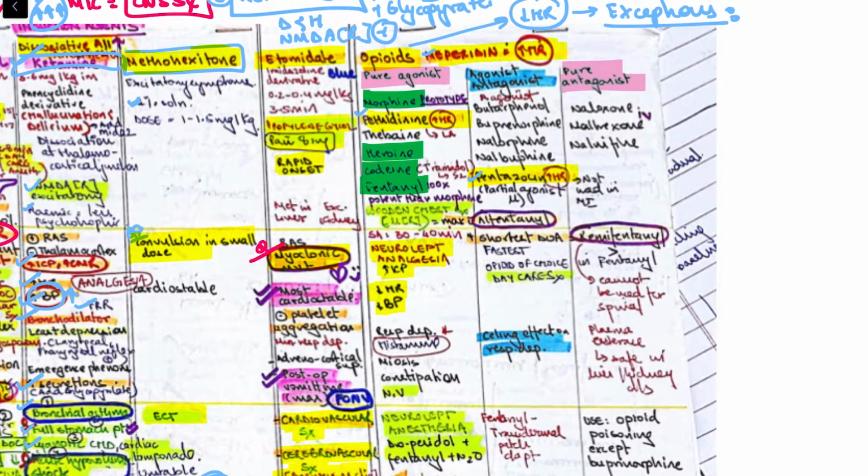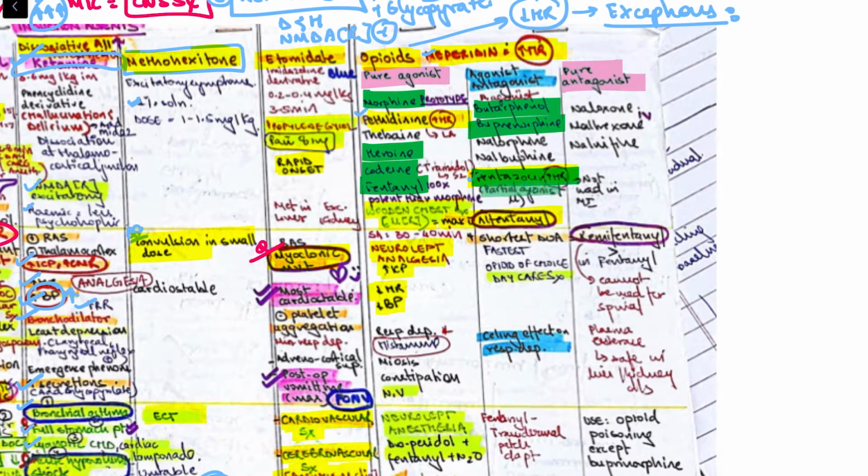Fentanyl is also an agonist, and remember that it causes wooden chest syndrome, and the chances of wooden chest syndrome are maximum with alfentanil, right?